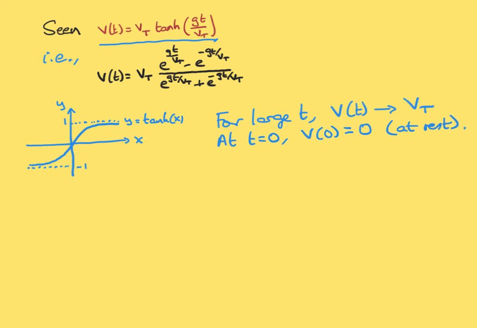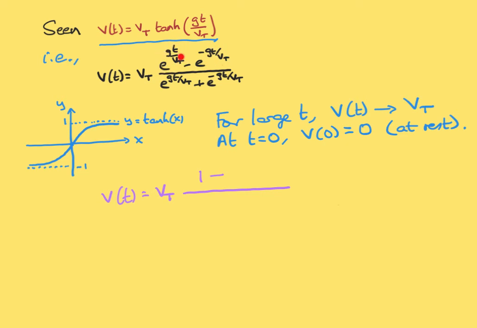If we look at it written in this way, we could perhaps rewrite the equation as v of t is the terminal speed that's setting our scale. And then what I'm going to do is divide both the numerator and the denominator by this exponential. So we're going to get 1 minus, and now we have 1 over the exponential already.